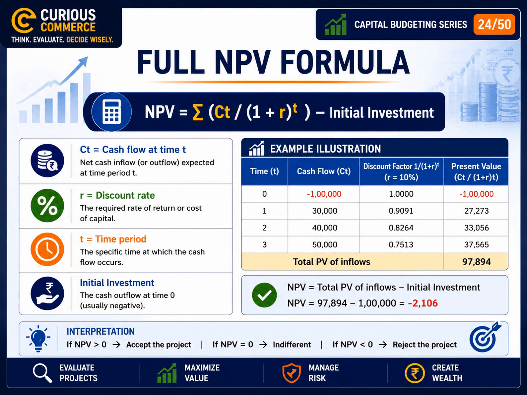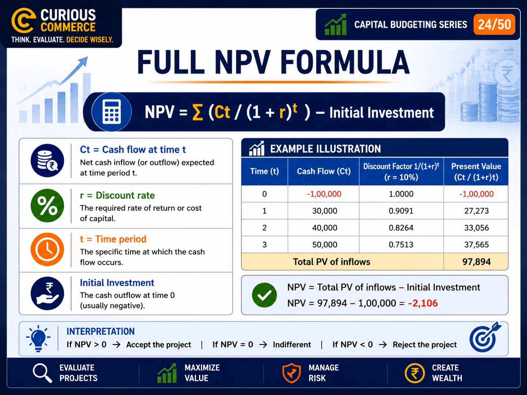Now we are entering the heart of the chapter. Here is the complete NPV formula. NPV equals summation, or the sigma, of Ct divided by (1 plus r) whole to the power of t, minus initial investment.